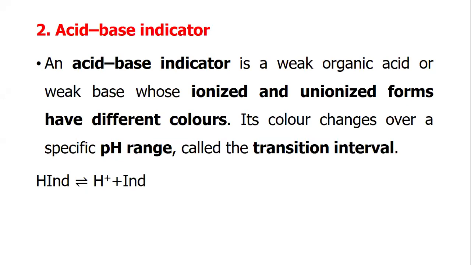Acid-base indicator. An acid-base indicator is a weak organic acid or weak base whose ionized and unionized forms have different colors. Its color changes over a specific pH range called the transition interval.